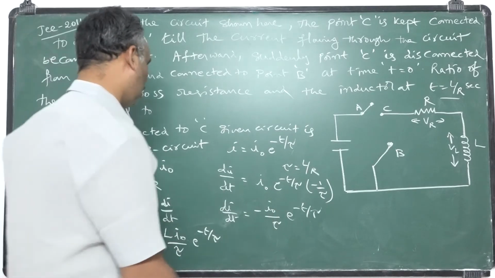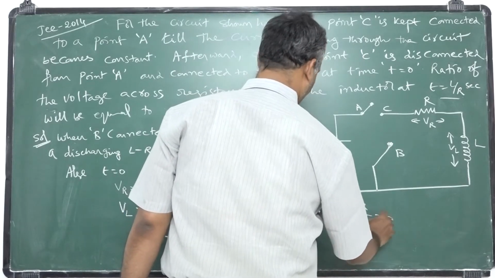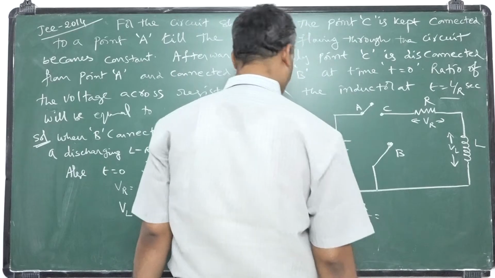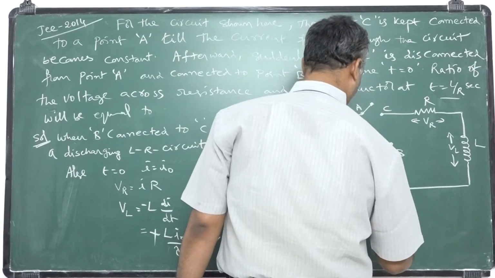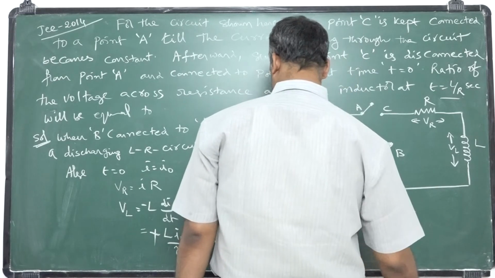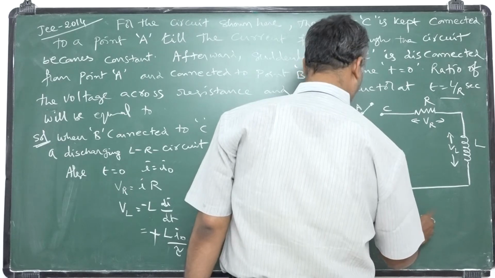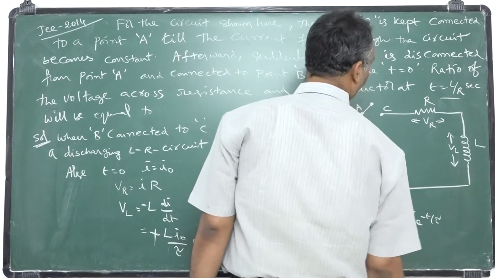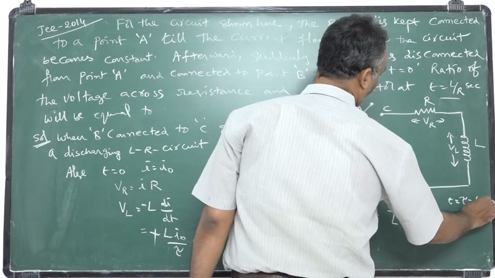If I take the ratio of voltage across resistor to voltage across inductor, IR by L I naught by tau into e power minus t by tau. They gave t value equal to tau, that is equal to L by R.